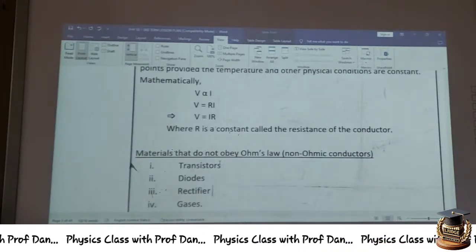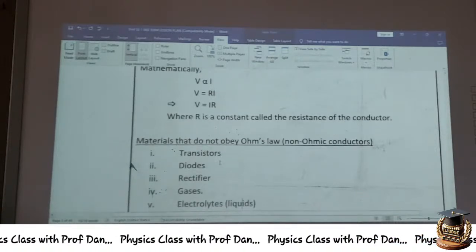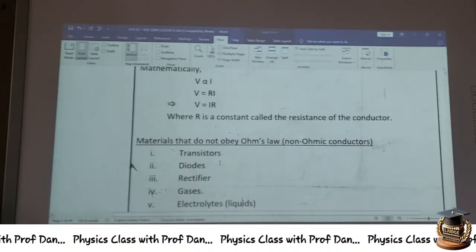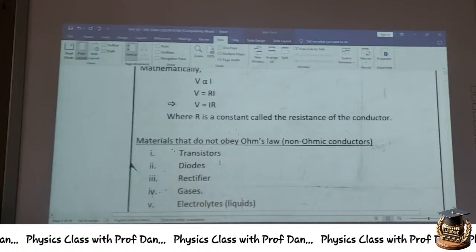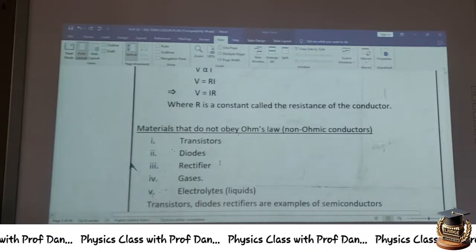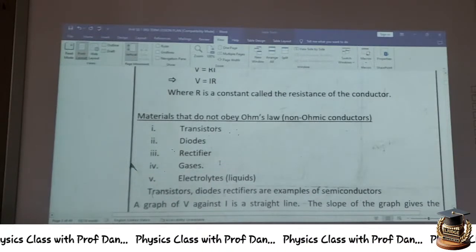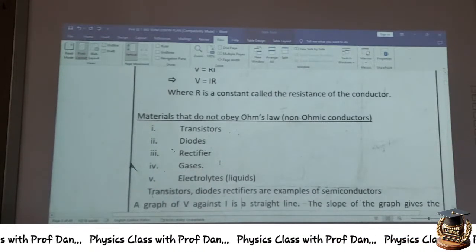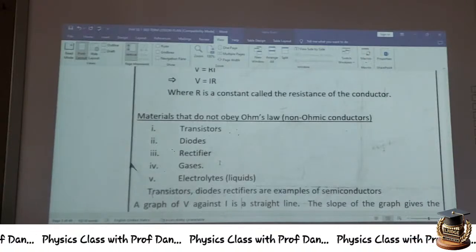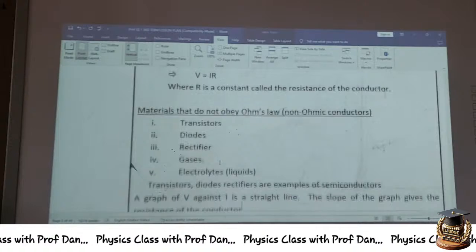The diode is also a non-ohmic conductor. The rectifier is also a non-ohmic conductor. Also, we have gases. There are some gases that do conduct electricity, but they are non-ohmic. They do not follow Ohm's law.